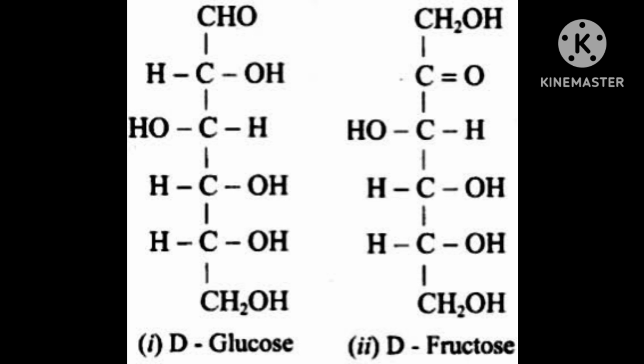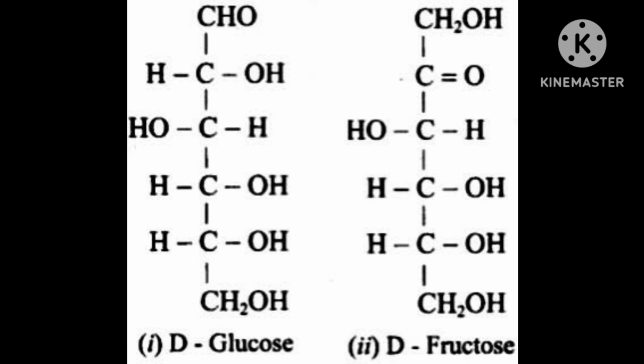CH2OH is outside of the ring. Then this is called pyranose structure. The 6-membered cyclic structure of glucose is called pyranose structure, maybe alpha, maybe beta, in analogy with pyran. Pyran is a cyclic organic compound with one oxygen atom and 5 carbon atoms in the ring.